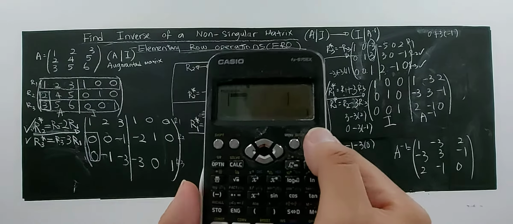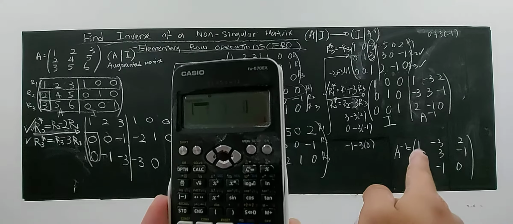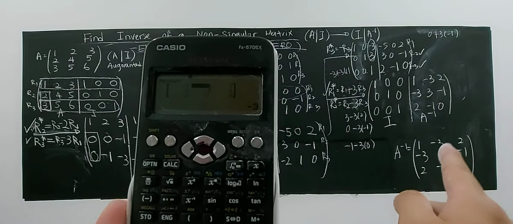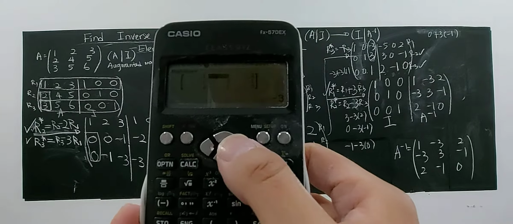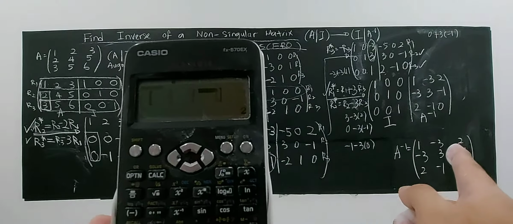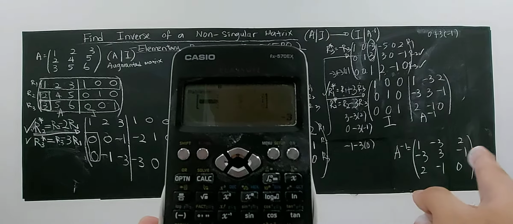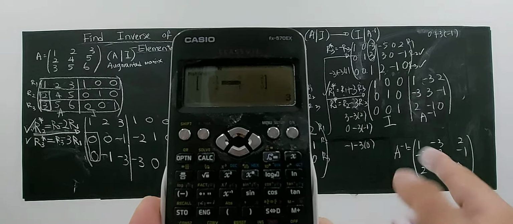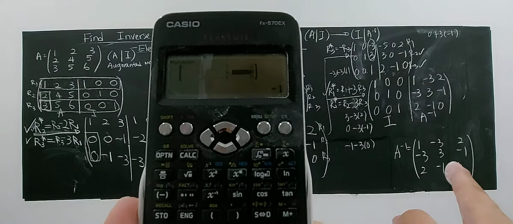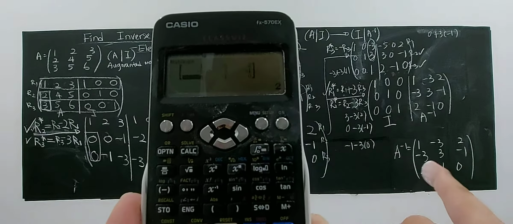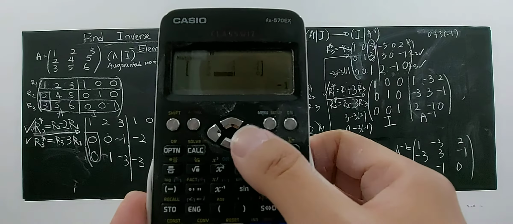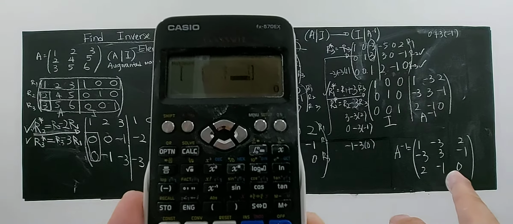Look at this, this is your answer. 1, followed by -3, followed by 2. Followed by -3, 3, followed by -1. Then 2, -1, 0.